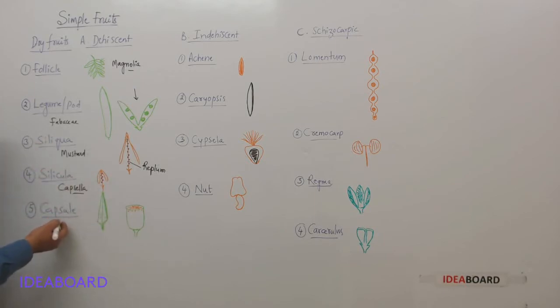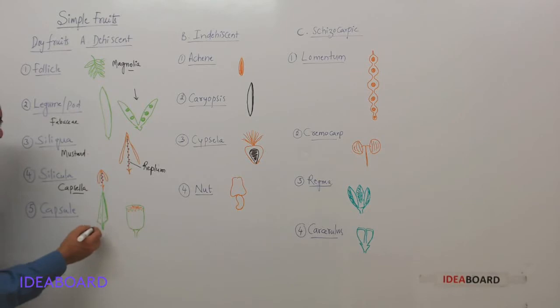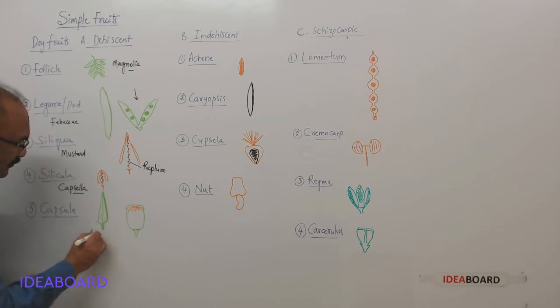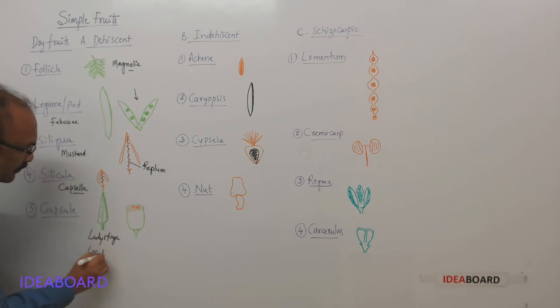And the capsules will have different features, and they break differently. So let us, I am briefing it, and this is okra, lady's finger, and this is a loculicidal capsule.